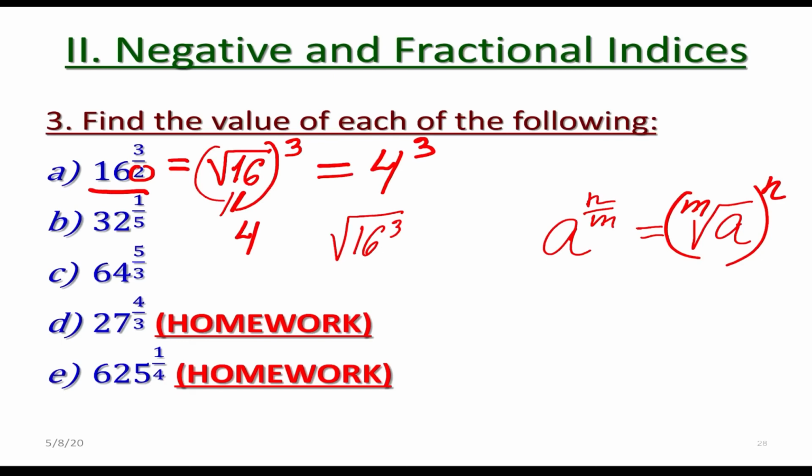So all you need to do is just raise 4 to the cube power. So 4 times 4 times 4, and you end up getting 64. So 4 cubed equals 64.